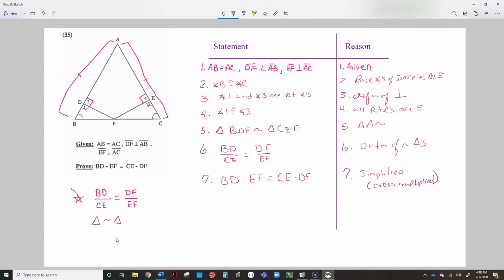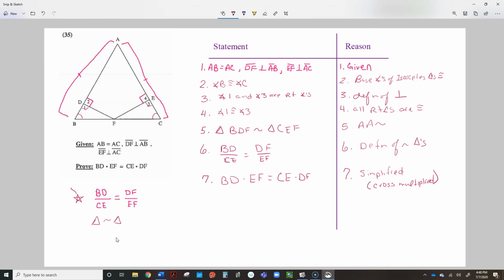Anyway, this proof would be fine. There's a couple of different methods that you could use. There's a couple of different ways you could explain your reasoning. You can write the name of the theorem, or you can write what the theorem says. You can write which definition you used, or you can write what the definition says.